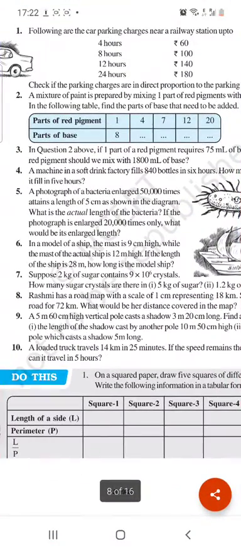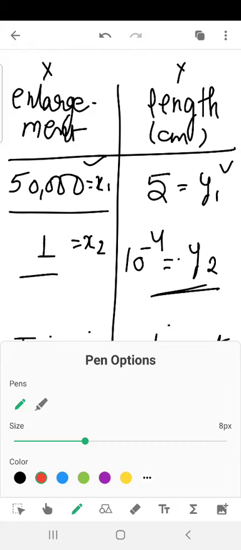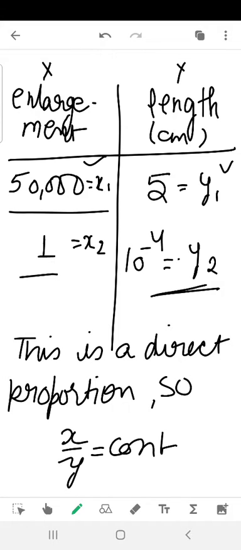Now in the second part, it has been asked that if the photograph is enlarged 20,000 times. You can write it here only. I'm writing it in red so you may know that this is the next part. So if the enlargement is 20,000, you have to find out the value of y3.